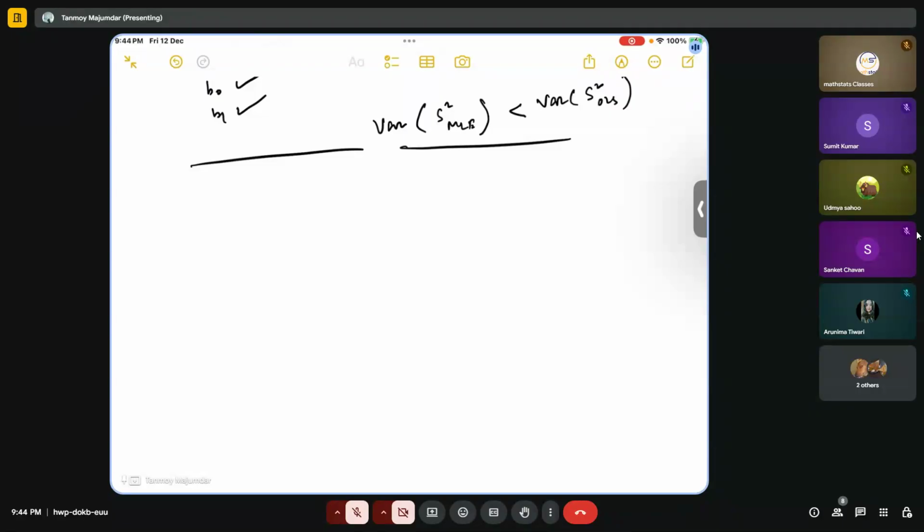Now we move on to the hypothesis part. We have various parameters: sigma square, beta naught, beta 1. We are going to test whether beta naught and beta 1 are significant or not.